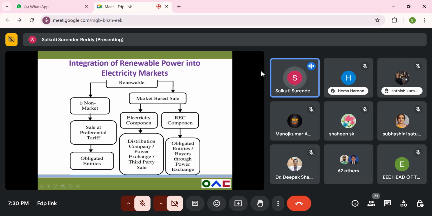In non-market based, you make a fixed tariff and then sell power to the grid. In market based, you go to the market, bid into the market, and then sell into the market. So there are two types of approaches for selling renewable energy: non-market based or market based sale.